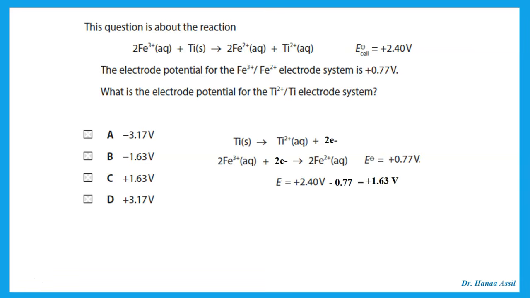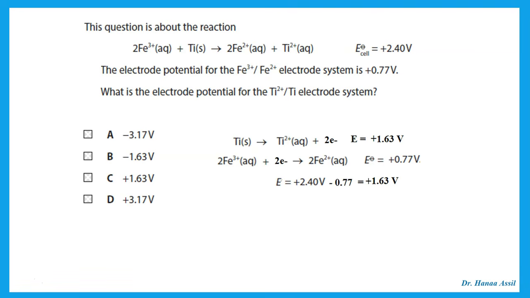So what is happening? We have the iron 3 plus going to iron 2 plus, and that is given the E note that we are given, plus 0.77. And we're told that the overall is plus 2.7, and that means the other half equation should have an E of plus 1.63, but this is oxidation.